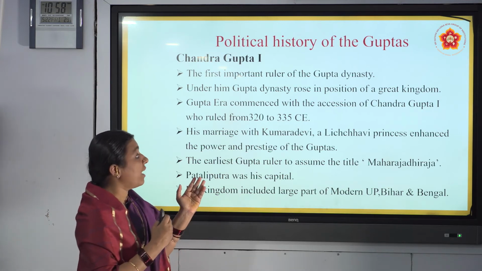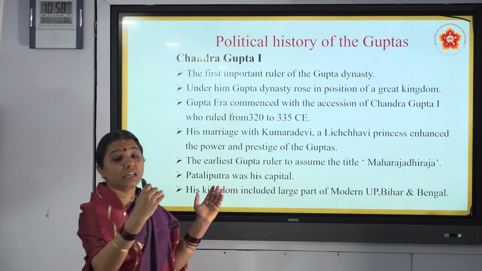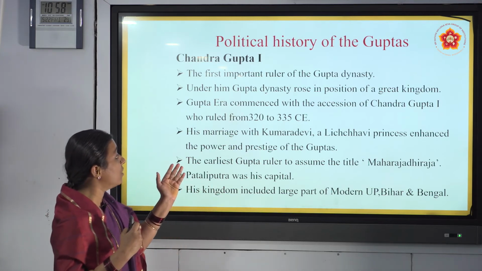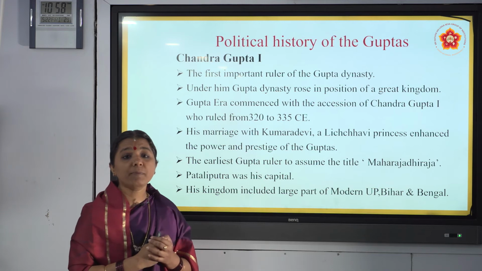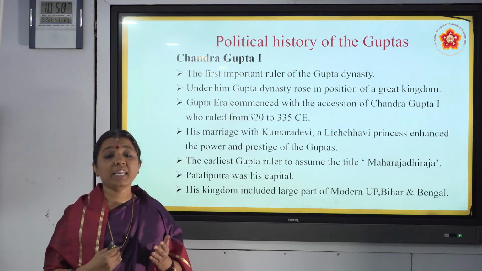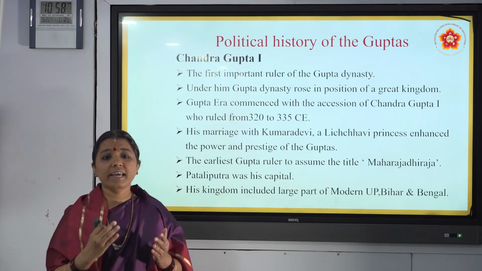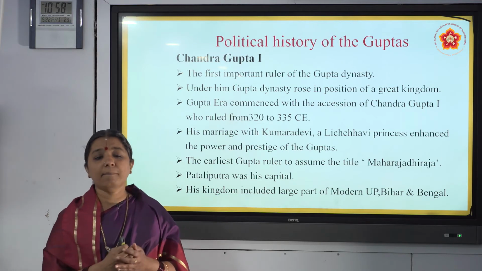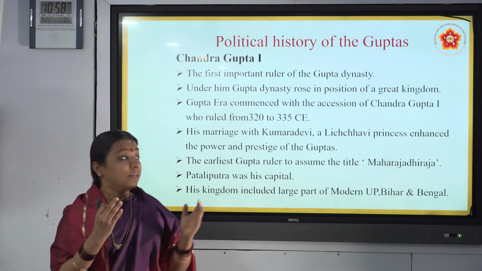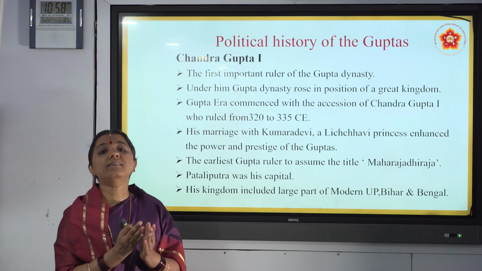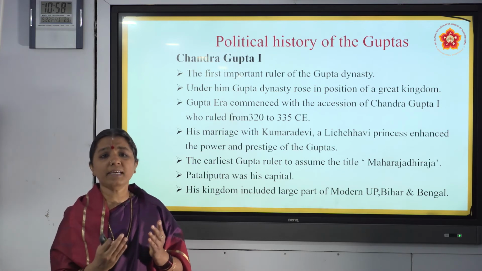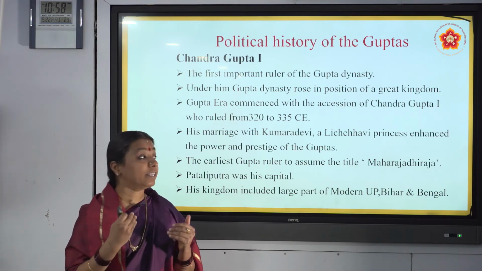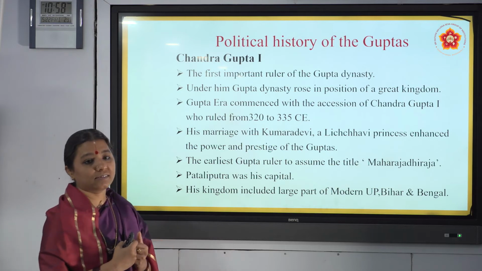His marriage alliance with the Licchavi Republic, that is his marriage with Kumara Devi, a Licchavi princess, helped him in amassing great political gains by adding the Licchavi principality to Magadha. Thereby it enhanced the prestige and power of the Guptas.